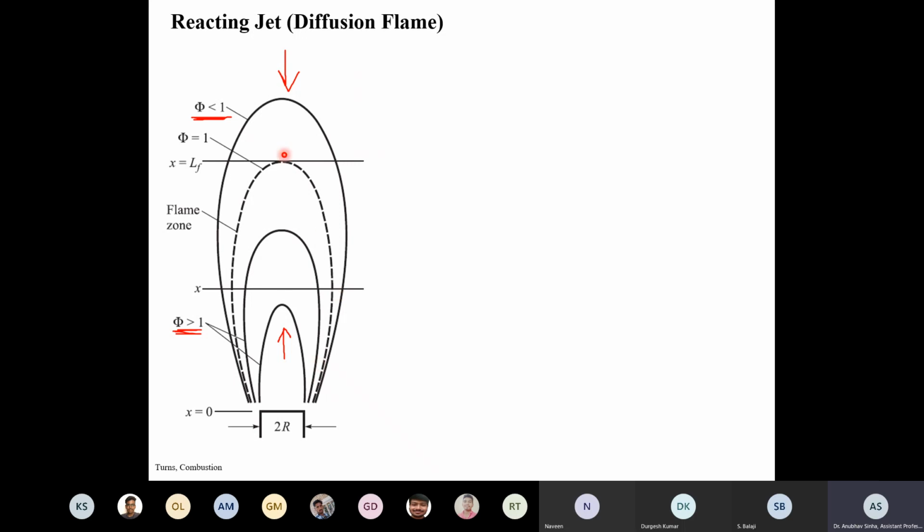Flame front is stabilized where fuel and oxygen are mixed in stoichiometric ratio. It will not go either to the fuel lean or fuel rich region, but it will stabilize at stoichiometric ratio. Is this fine? Where you have fuel and oxygen in the right proportion, there the flame will be formed. Is this clear to everyone?